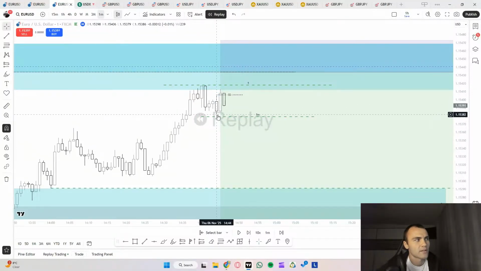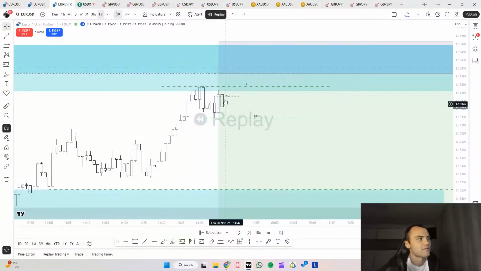So this was the 1 minute range, then the range shifted bullish, leaving the order block behind, and I wanted to see if it's going to continue.